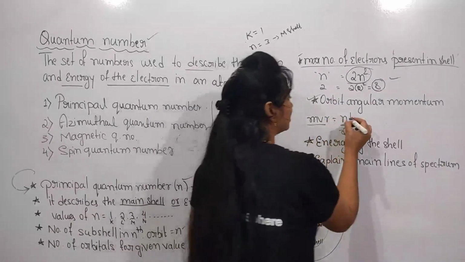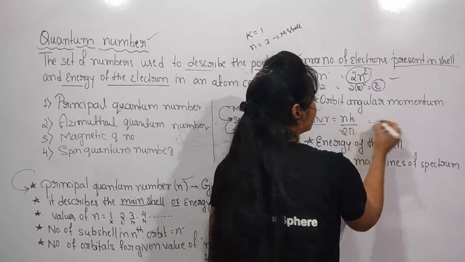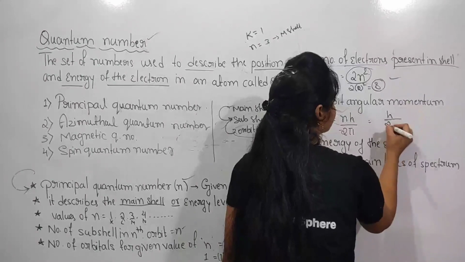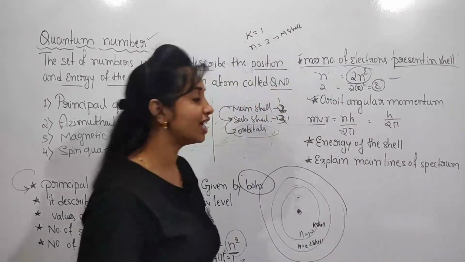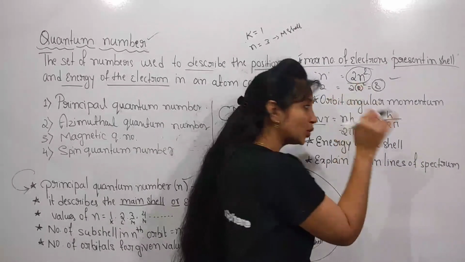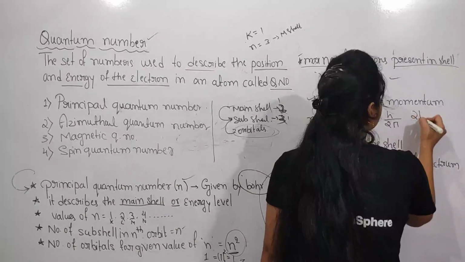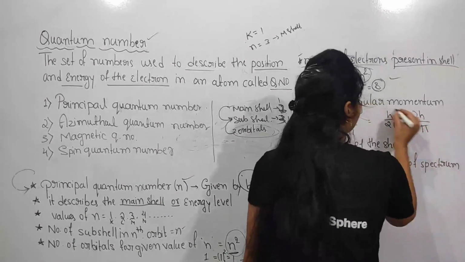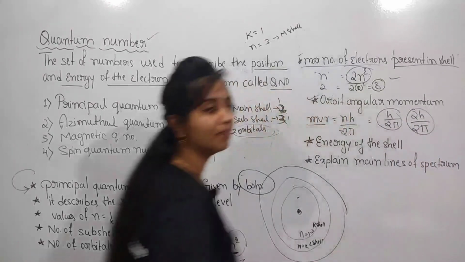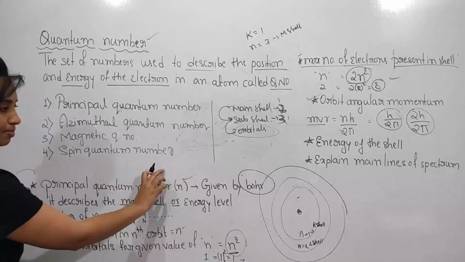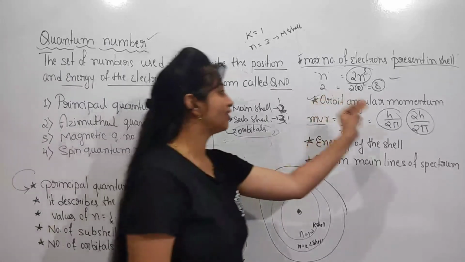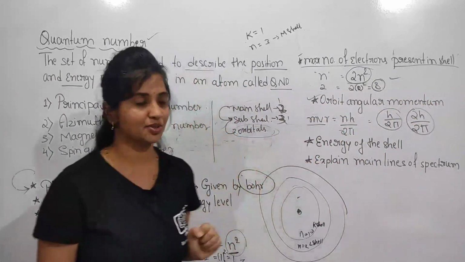If the value of n is equal to 1, then the angular momentum is equal to h by 2 pi. If the value of n is equal to 2, then it is 2h divided by 2 pi. So with the help of this principal quantum number, we get the value of angular momentum of an electron.